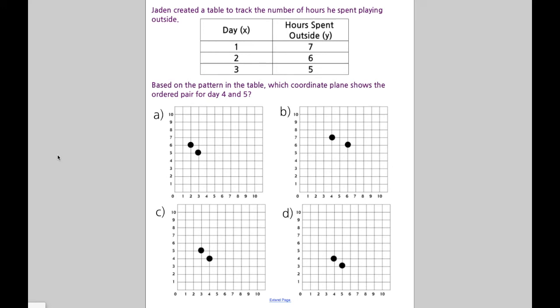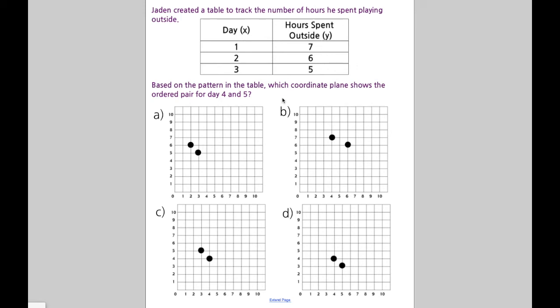Here we have a question that has a table and coordinate planes. Jaden created a table to track the number of hours he spent playing outside. Based on the pattern in the table, which coordinate plane shows the ordered pair for day 4 and 5? I can see that this column represents my x and this column represents my y.